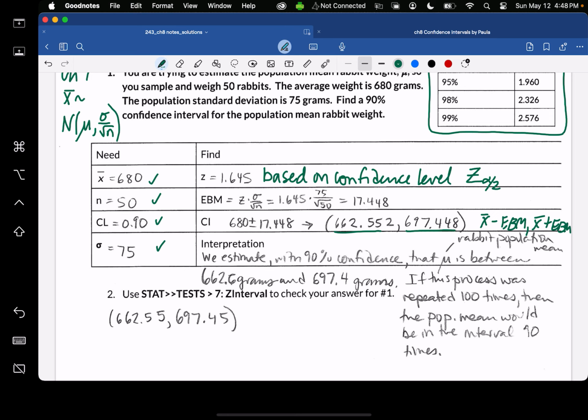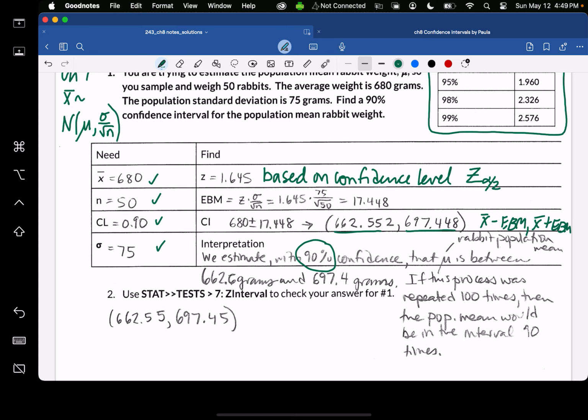That's a fairly large margin of error, but it's reasonably good, basically between 660 and 700. So fairly decent precision, but again, I could repeat the process with 95 or 98% confidence just to increase my confidence level. If I did that, unfortunately, my interval is going to get wider. The only way to be more confident is to have a wider interval.